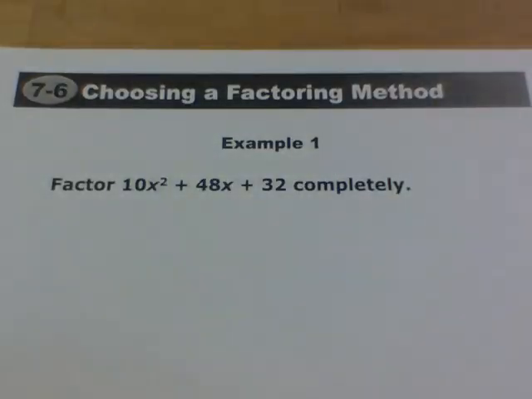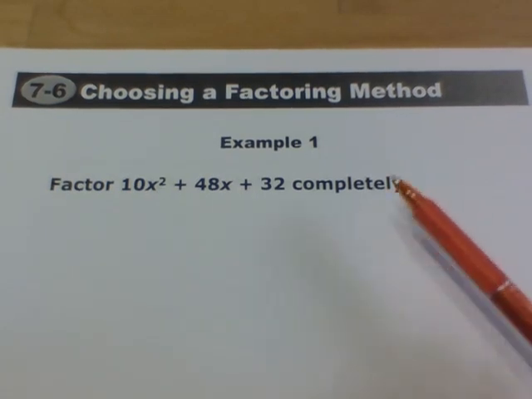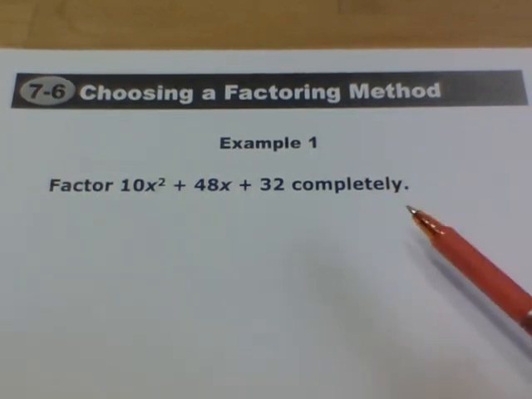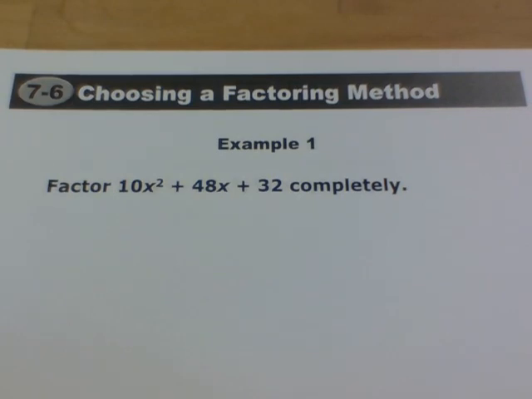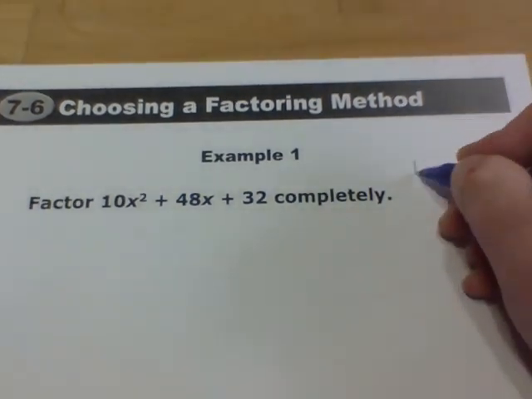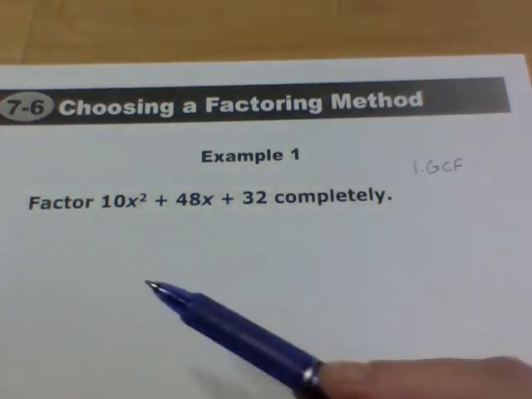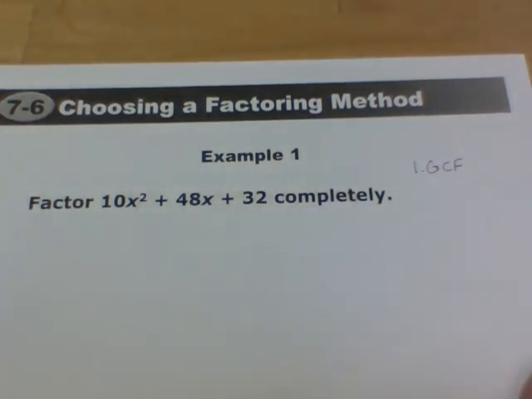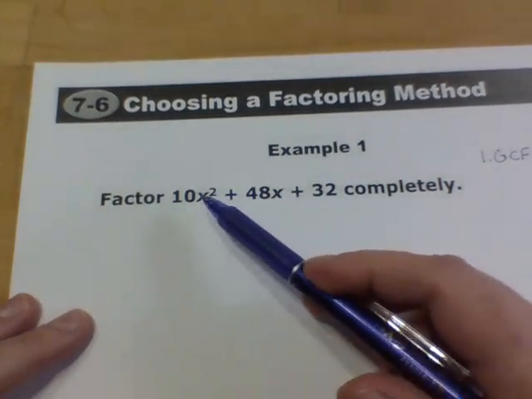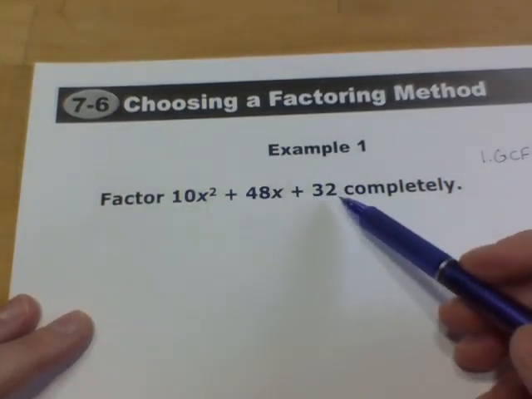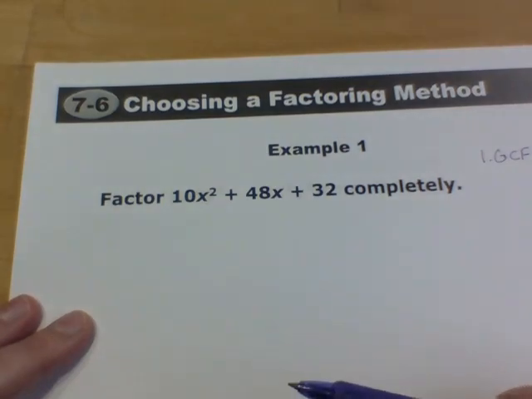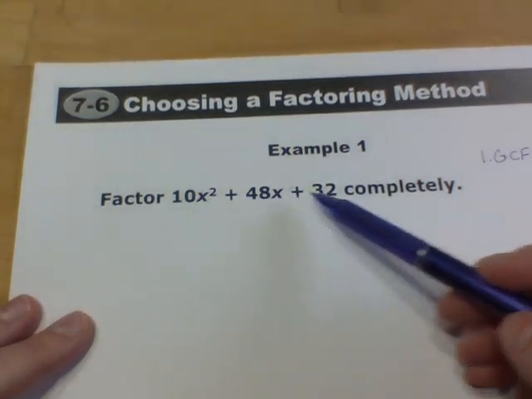So notice it says factor completely because, again, once you do one step, you may have to do another. The first step that I'm going to do here is find my GCF. Before I even identify that this is a trinomial, we're going to go with GCF. Taking a look at these terms, they do not all have x's in them, so that's not going to help, but they are all even.